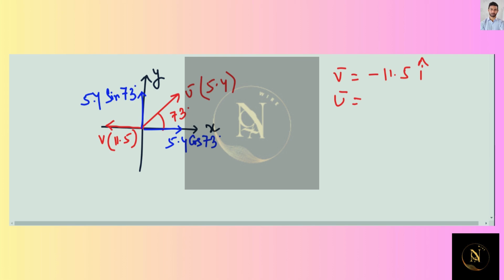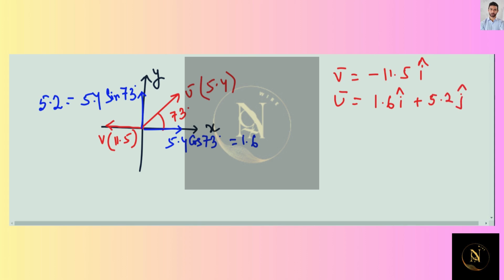So when we take the value of cos 73 and multiply that with 5.4, we get the horizontal component as 1.6 approximately, and similarly we take the value of sine 73 and multiply that with 5.4 to get the vertical component, which comes out to be 5.2 approximately. So now we can express vector u in terms of the rectangular components as 1.6 i cap plus 5.2 j cap.